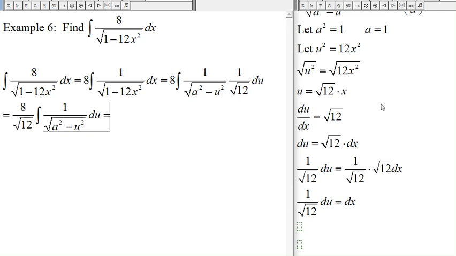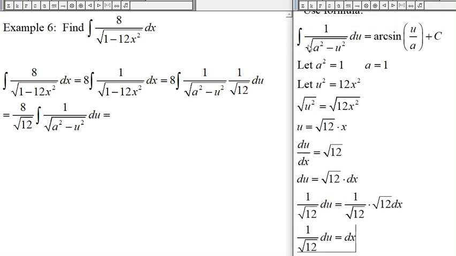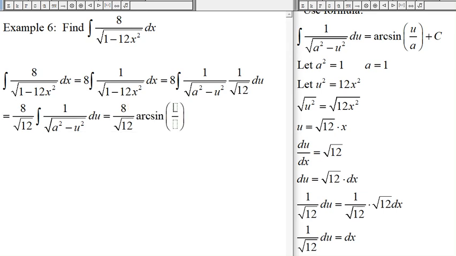And this part right here looks exactly like our formula. So this is 8 divided by the square root of 12, and then the integral of 1 divided by the square root of a squared minus u squared is arc sine of u over a, and then plus c. And so this becomes 8 divided by the square root of 12 arc sine.